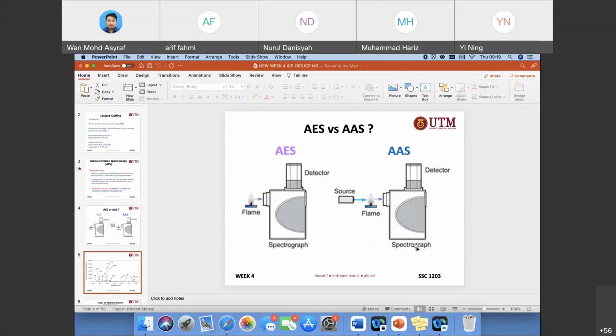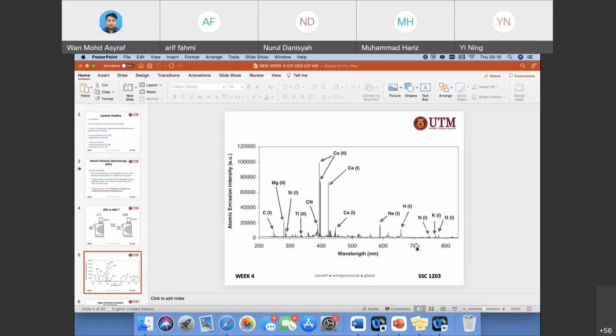All right. So for AES, all of the atoms in the sample are excited and detected simultaneously. That is one of the advantages of atomic emission spectroscopy as compared to atomic absorption spectroscopy.